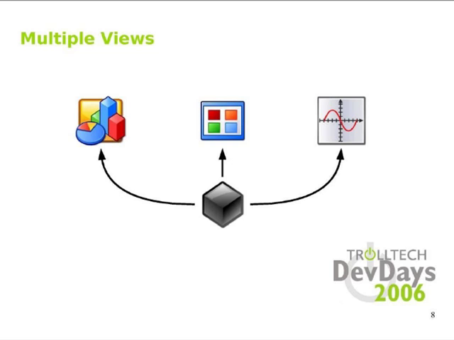So the first slide shows one of the benefits of the model view architecture. As you can see here, since we have separated the presentation from the data, we can do things like sharing the data over different views. And they all look at the same data, and they will all be updated when the data changes.